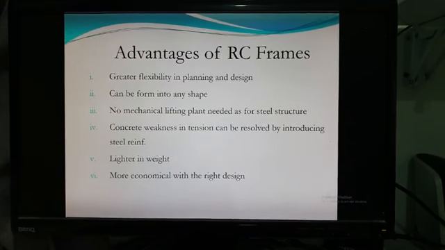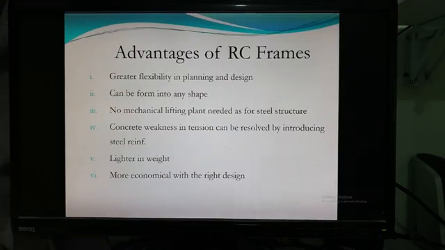Lighter in weight, I'm not really sure what does this mean in terms of the weight, because if we compare steel structure and RC structure, which have the same type of dimension, designs and whatnot, usually the RC structures would be a lot heavier than the steel structure.